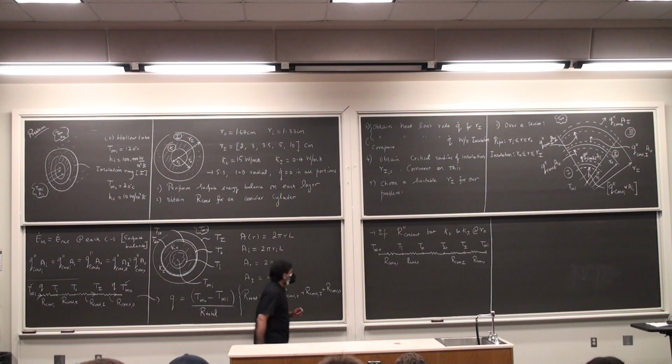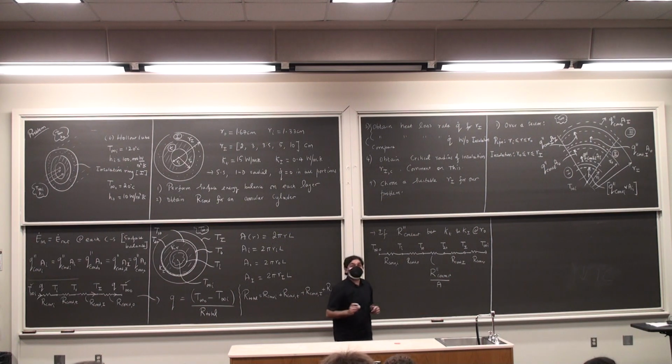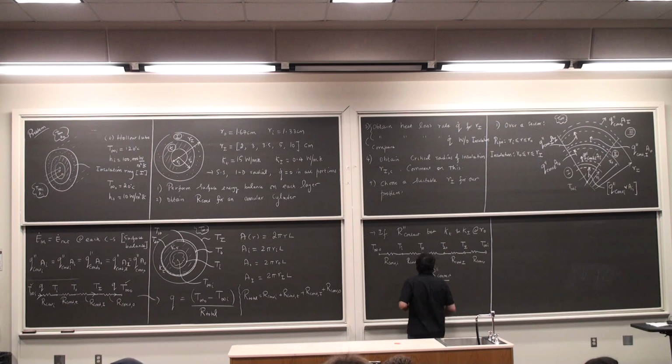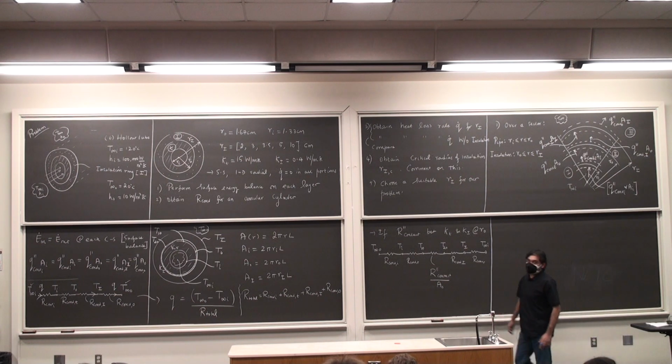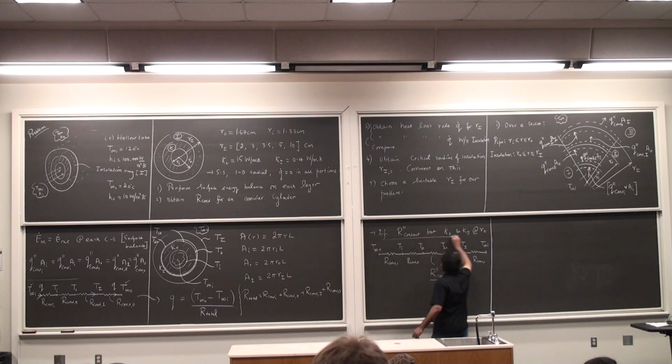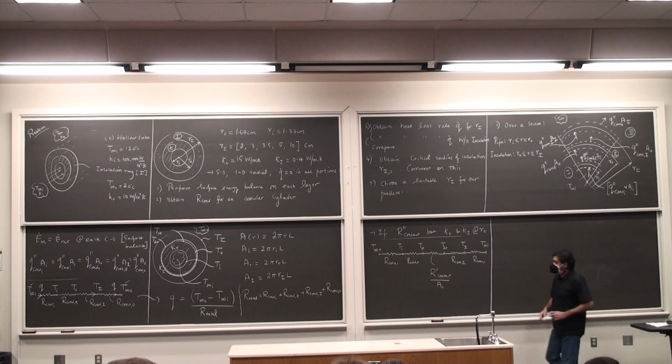Divide by the area. So here I'm going to have the area at that radius, so be careful here. So that's going to be divided by A naught. So this is if there was a contact resistance, which is not the case for us. So we will blithely ignore this case. But as you see, it's not a big deal to accommodate it.